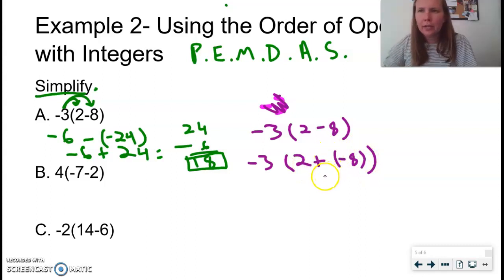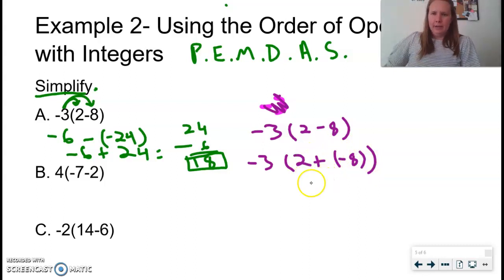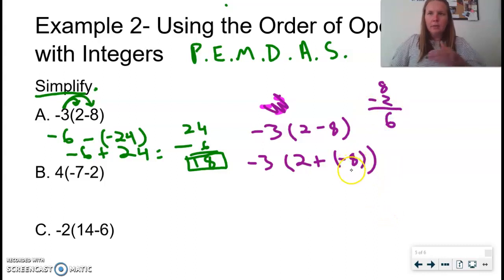Now I can add these 2 together. All right, now I got to go back and think about my integer rules. So I'd have 8 minus the 2, because I'm taking those absolute values, 6. 8 was originally negative, so I have a -6.